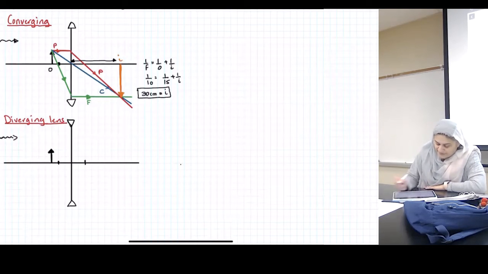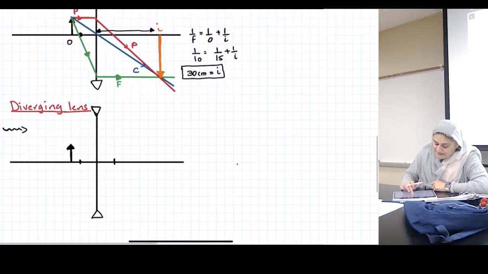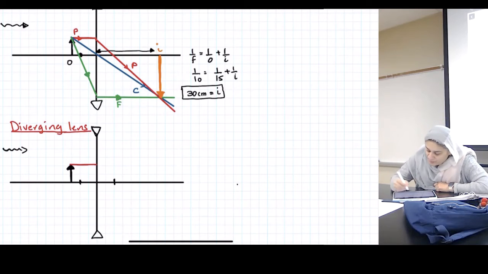I'm going to draw my little arrow. My rays don't change. I will still have parallel, chief, and focal, the same three rays. But now this is the diverging case. Remember, this was the converging case at the top, where my parallel ray converged in. In this case, my parallel ray starts parallel, but now it has to go away. How much it goes away depends on this focal point.